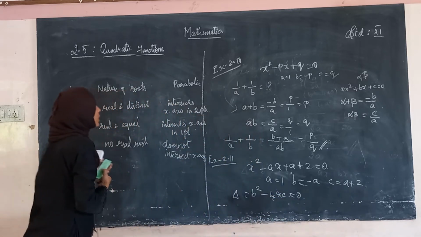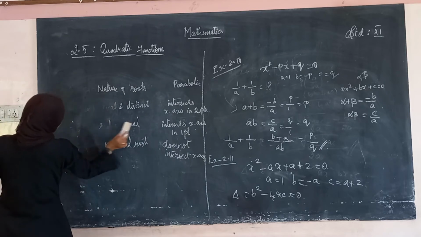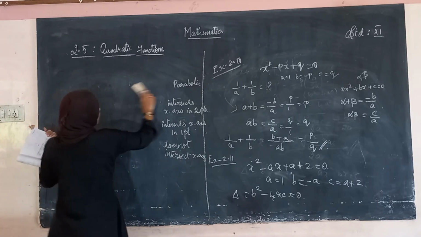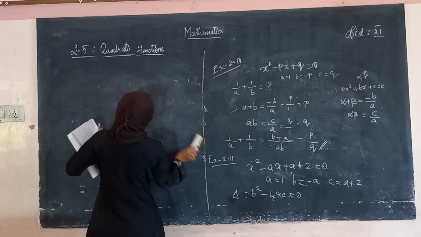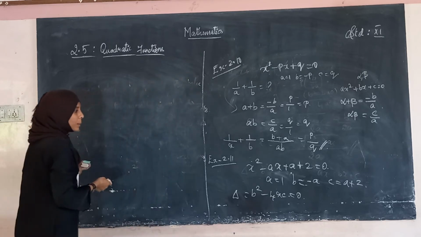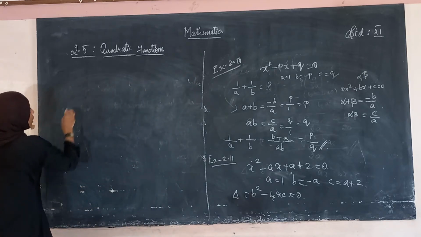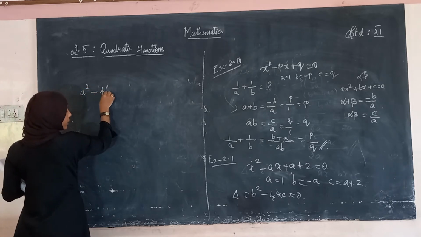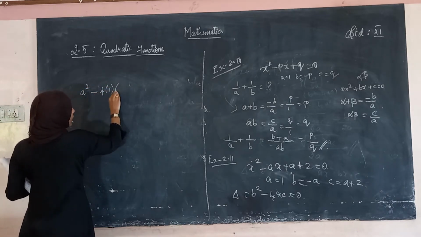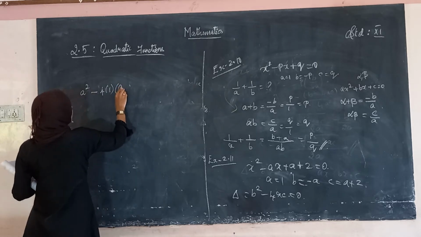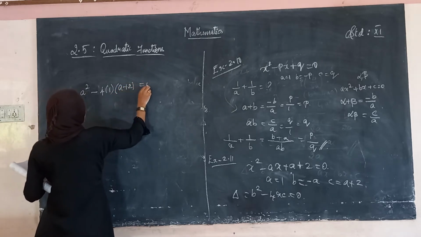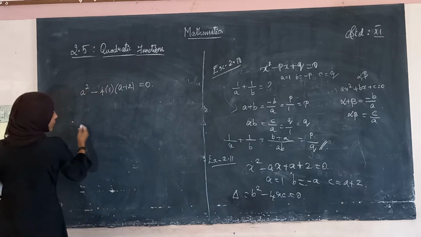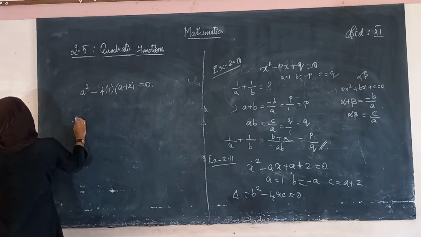Shall we substitute the values now? What is b? b is minus a. Minus a, the whole square, is a squared, minus 4 into what's the value of a? a is 1, into what's the value of c? c is a plus 2, equal to 0.